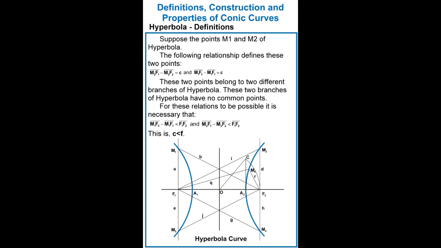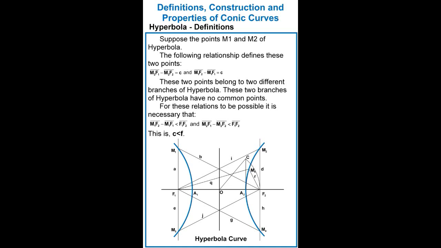By definition of the hyperbola curve, the dimension of the line segment M2F1 minus the dimension of the line segment M2F2 has the value of the constant of the definition of the hyperbola, represented by the lowercase letter c. The same is also true for point M1, where the dimension of the line segment M1F2 minus the dimension of the line segment M1F1 has the same value of the constant of the definition of the hyperbola.